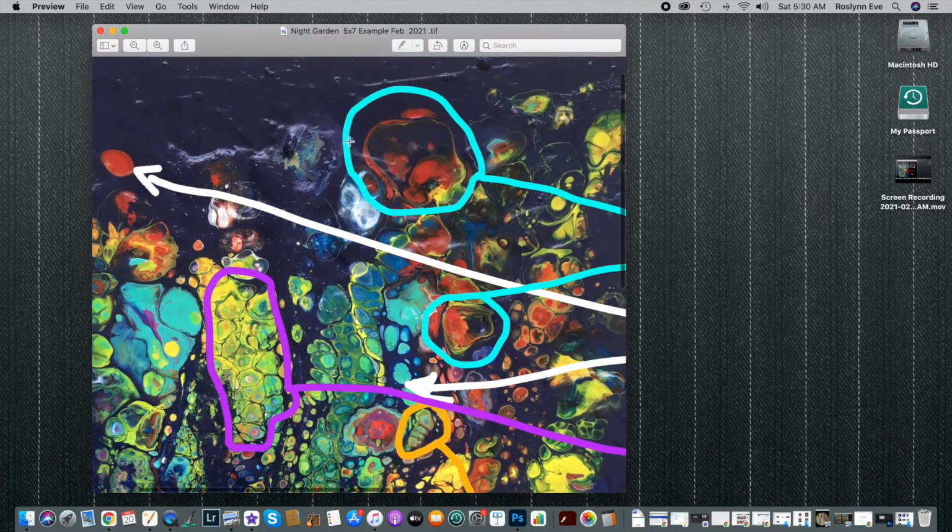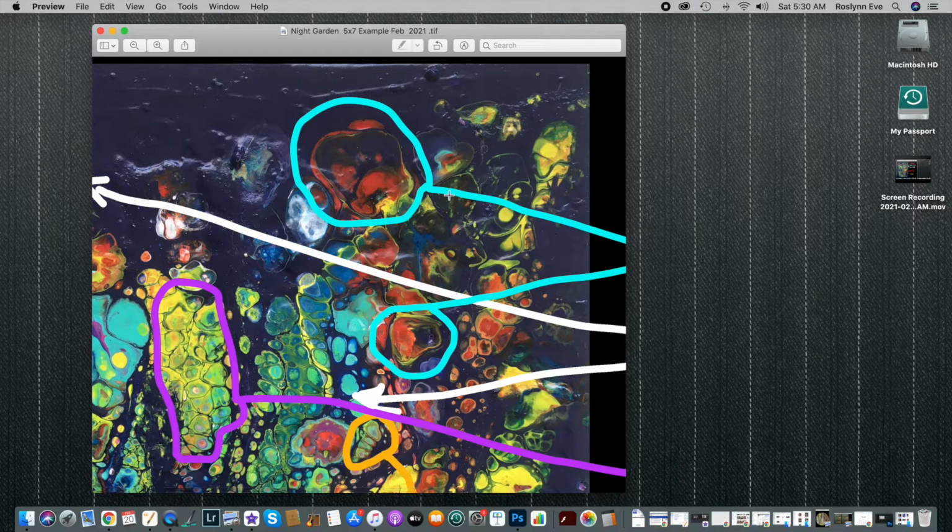So we're going to start with wobbly, and those are the ones circled in blue here. Wobbly cells are ones that are misshapen. If you think of round as being the perfect shape, then these are definitely misshapen.